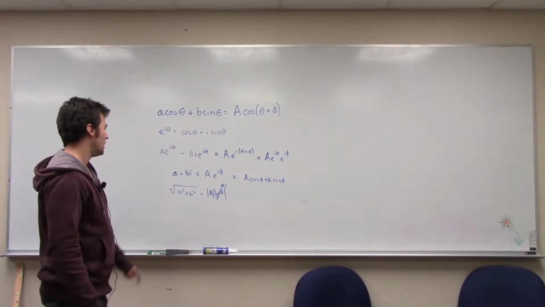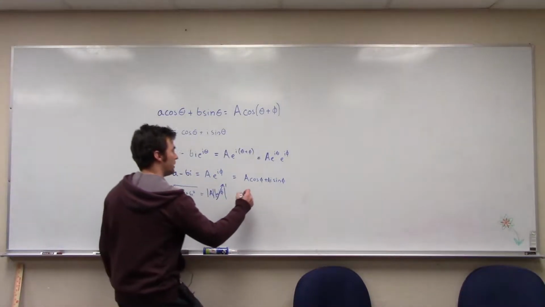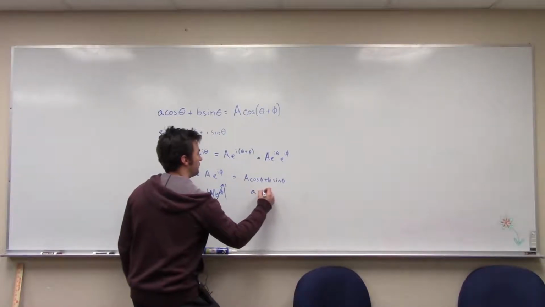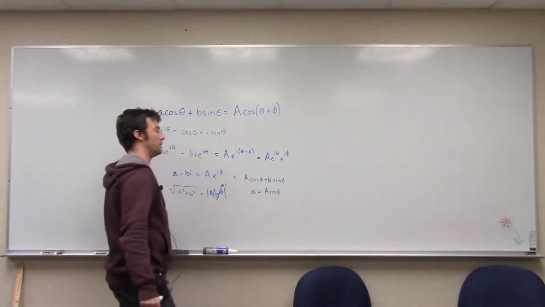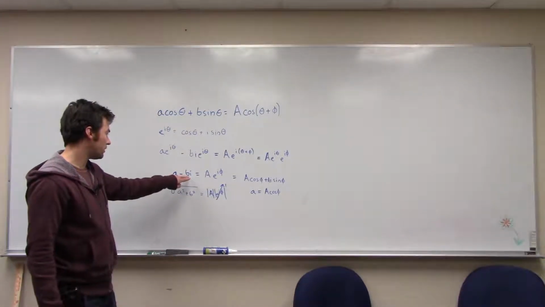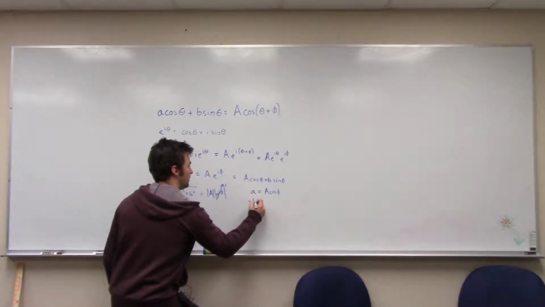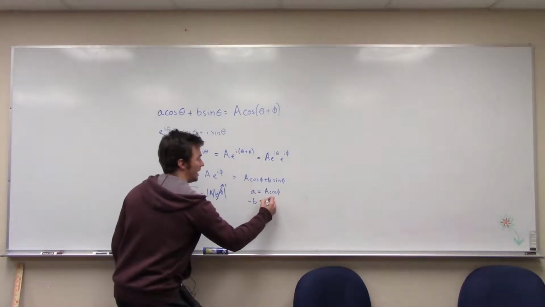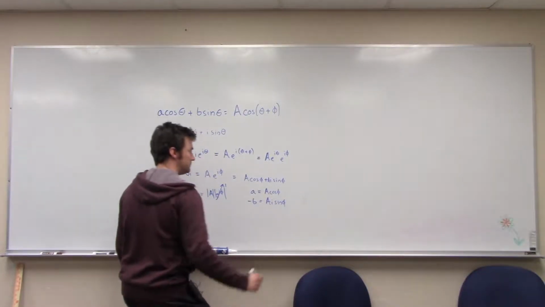The real parts have to be equal to one another. So I know that a must be equal to capital A cosine phi. And the imaginary parts need to be equal to one another, so I need negative b to be equal to A sine of phi.